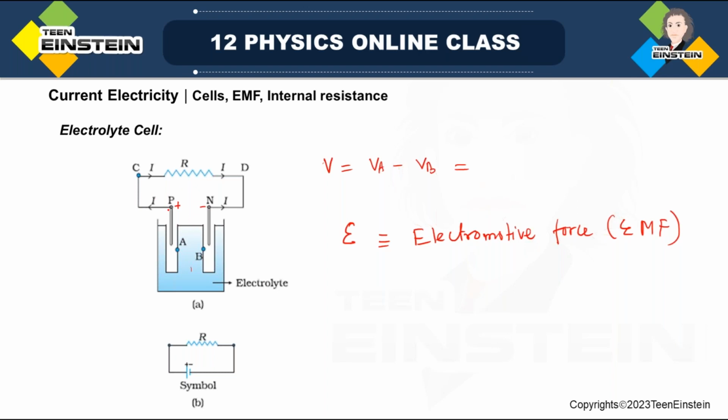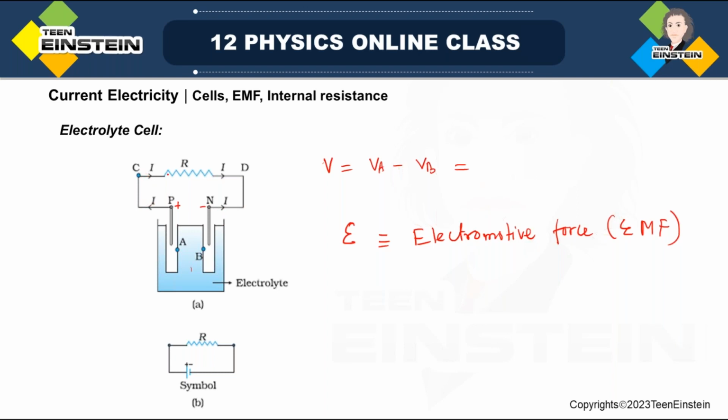Now if we connect these electrodes with an external resistor, what happens? There will be a flow of current because of the flow of charges in the external circuit.